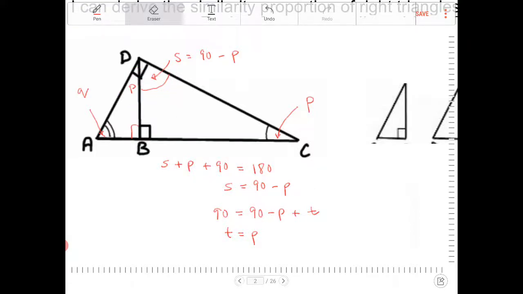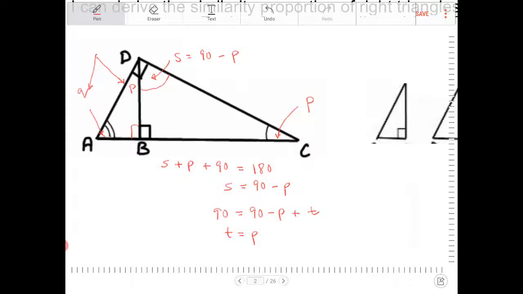And if that angle there is equal to P, and S is equal to 90 minus P, but wait a minute. P plus Q also should add up to 90, right?